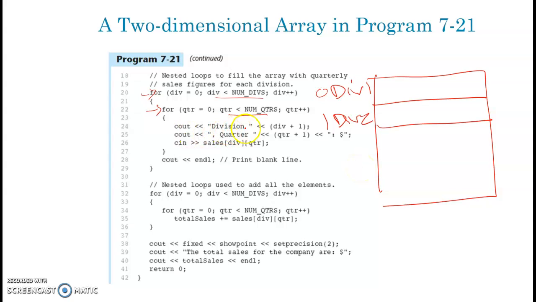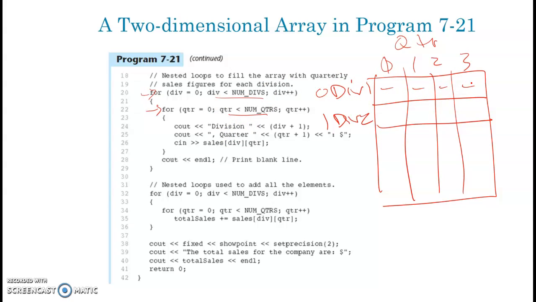So here they're talking about division 1, and then they're going to fill with the quarterly sales. They will go across for each quarter. So the quarters are stored here, quarter 1, quarter 2, quarter 3, and quarter 4. For each of my divisions, it will go through and fill.